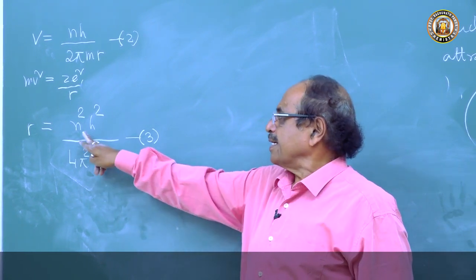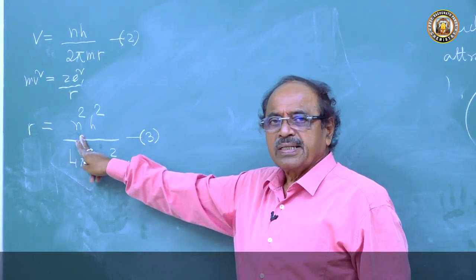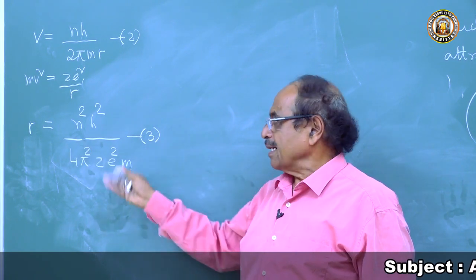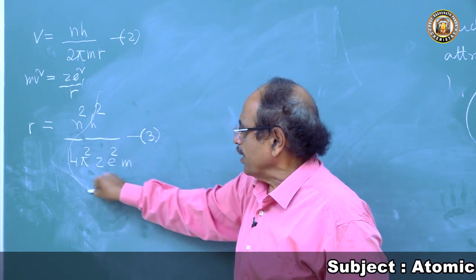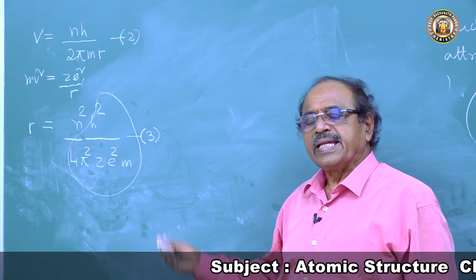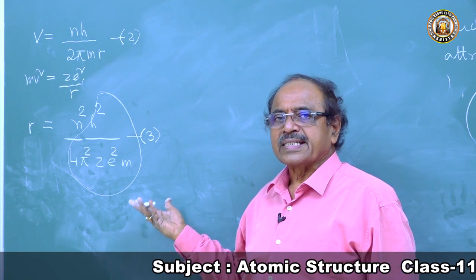Since n is the principal quantum number, we can substitute n equal to 1, 2, 3. All the rest is a constant, so a constant quantity into n square gives the first radius, second radius, third radius.